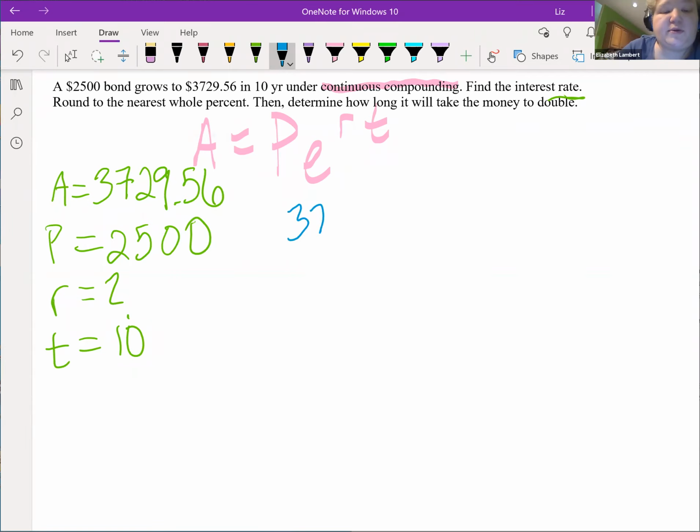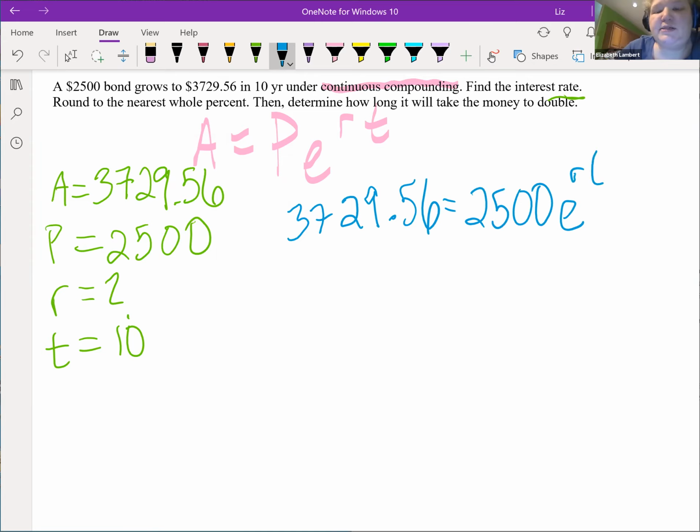We start with 3729.56, then our P of 2,500, E to the, I don't know what R is, but I know T is 10.